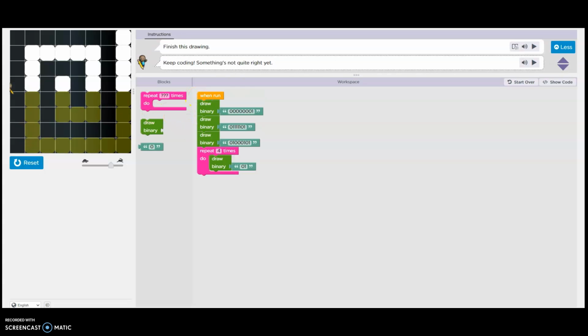So till now we're doing it correct, and now we're up to our 5th row. This one is 0, 0, 1, 0, 1, 0, 1, and 0, 1. It's the same one, so let's do the same thing.